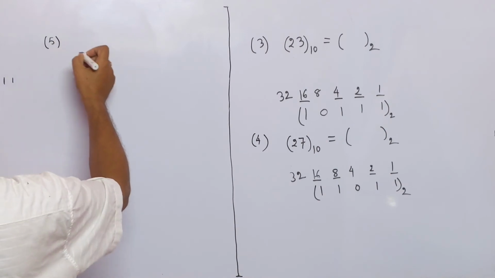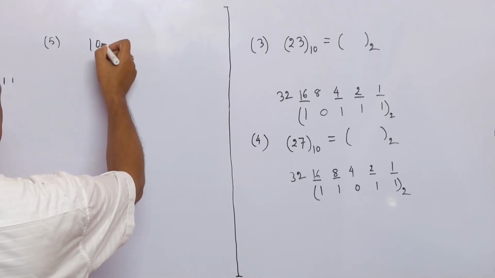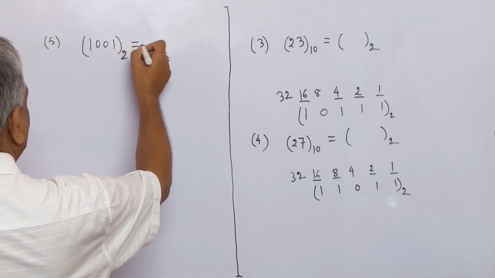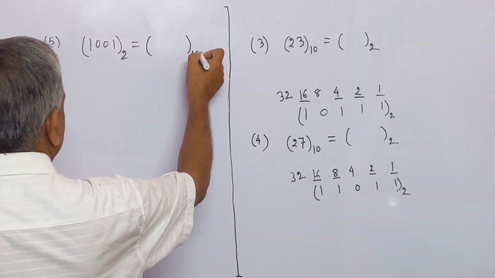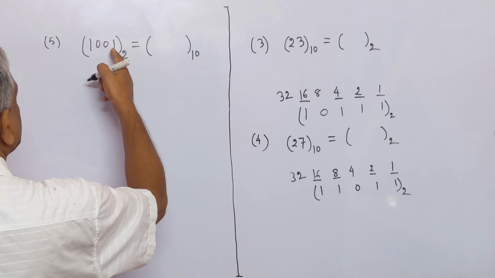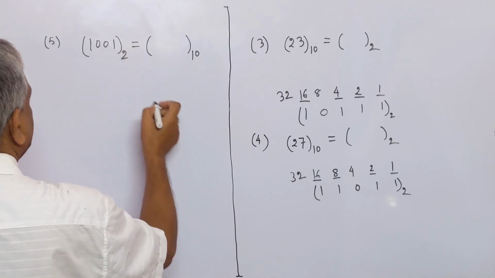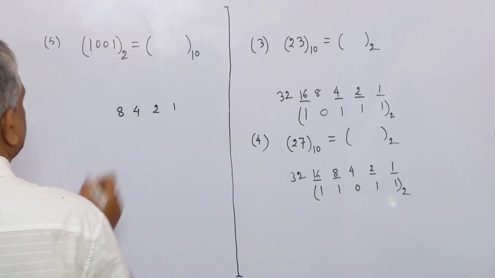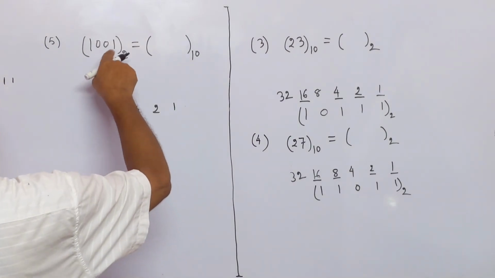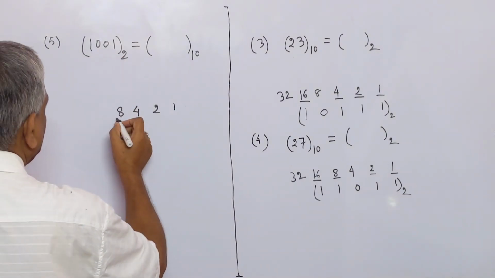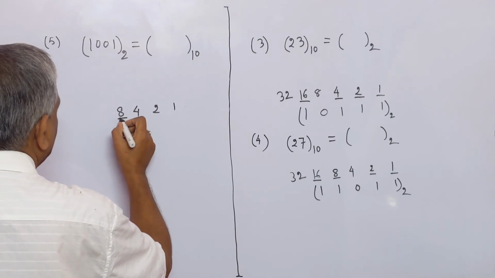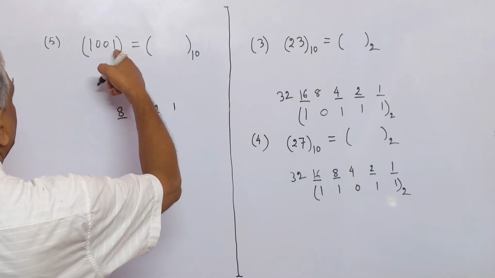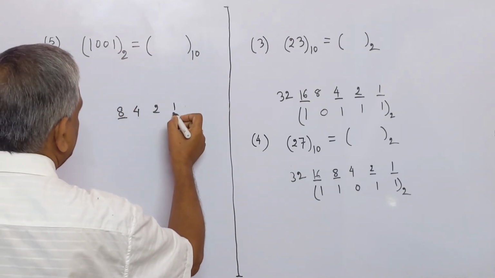Number 5. Let us have a number 1, 0, 0, 1 in binary system. We have to construct this in decimal system. Here we have 4 digits. So we write here 1, 2, 4, 8. In the fourth place here 1, so we give a bar. In the first place also 1, so we give a bar.